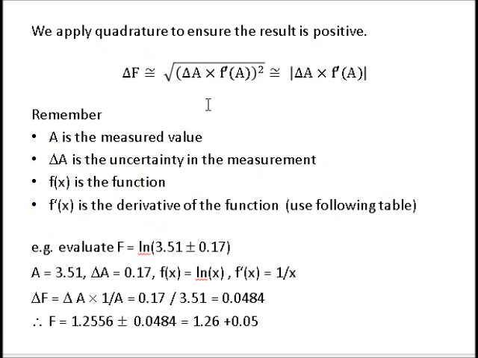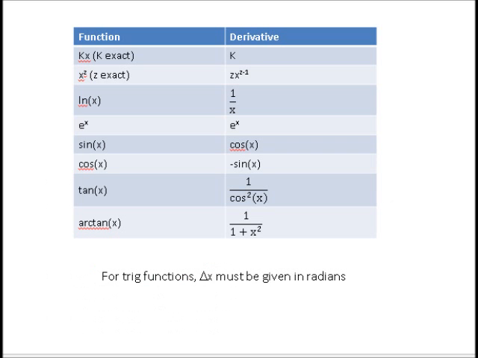We always use quadrature on the result, and that makes sure that my answer will always be positive. Absolute uncertainties are always positive. In this formula, it's important to remember that A is the measured value, delta A is the uncertainty in the measurement, f of x is the function, and f prime of x is the derivative. I'll show you a page that has all the common derivatives for the functions that we use.